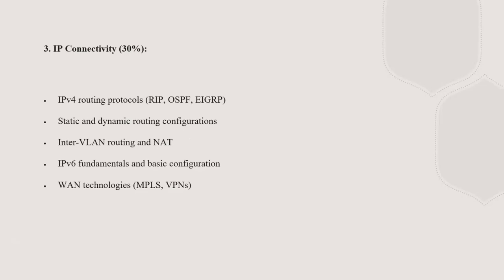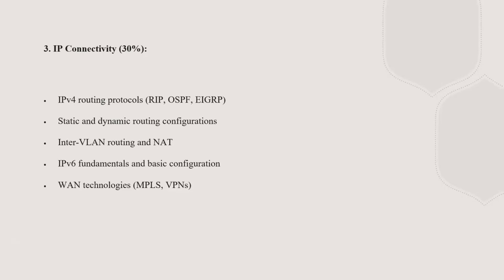The third component is IP connectivity, that is, how we can connect routers and switches through IPs. We use IP version 4 for that. In IP version 4, the most famous routing protocols for routers are RIP (Routing Information Protocol), OSPF (Open Shortest Path First), and EIGRP. Some are static configuration, and some are dynamic configuration, which changes with the passage of time.